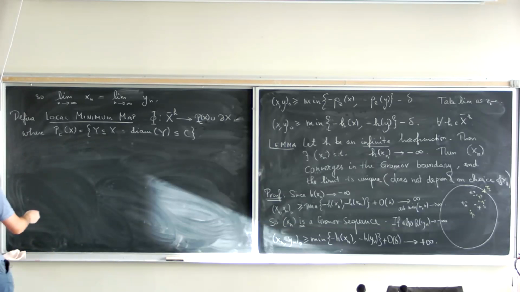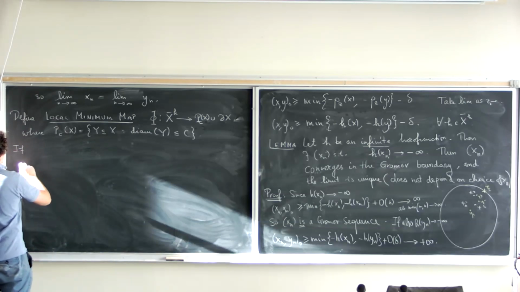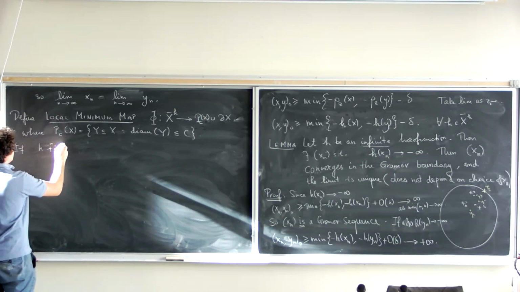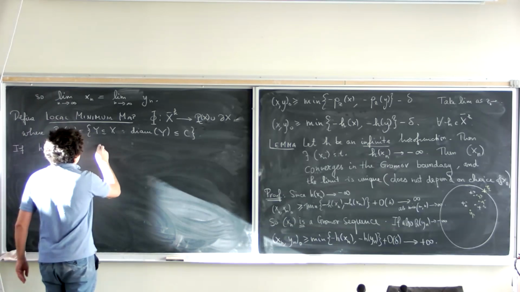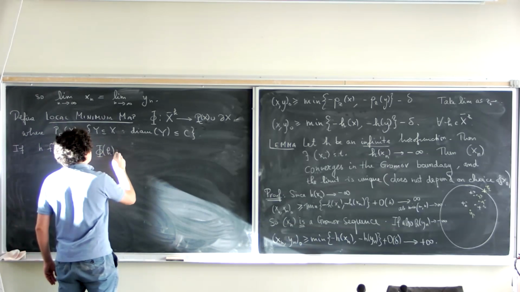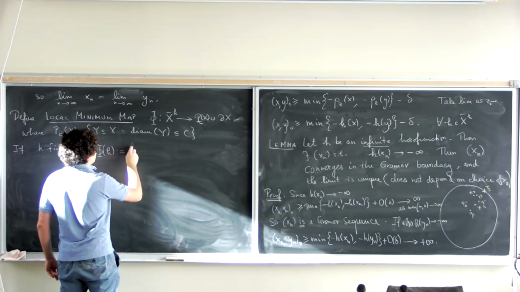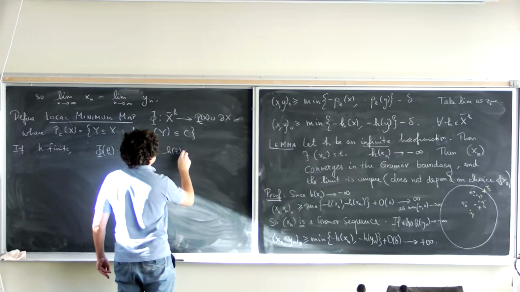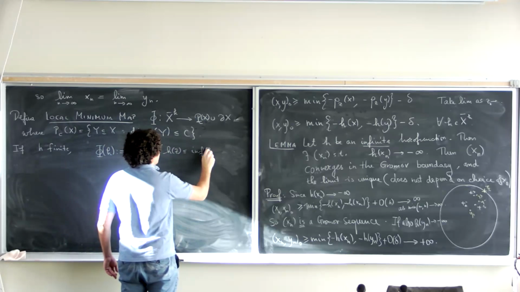And how do we define it? So if h is finite, we define phi of h to be the set of z such that h of z is less than the infimum of h plus 1.